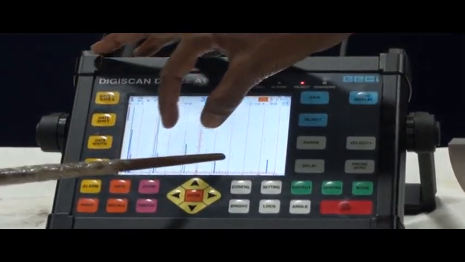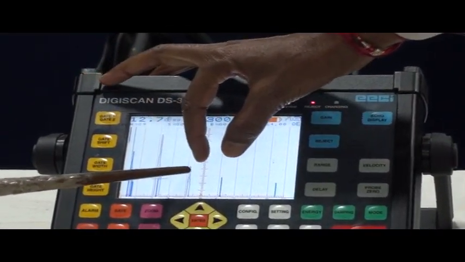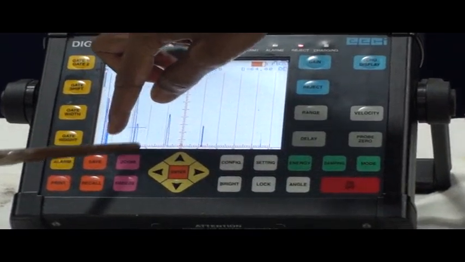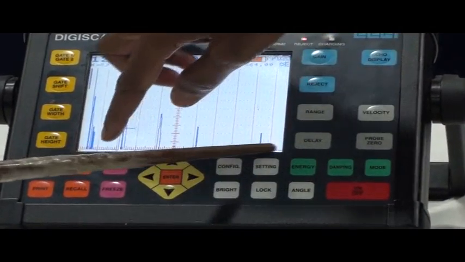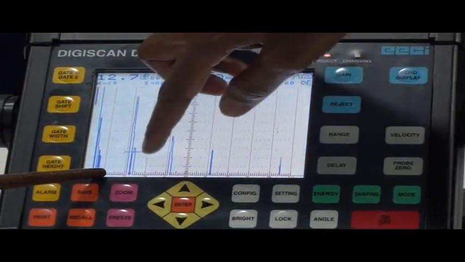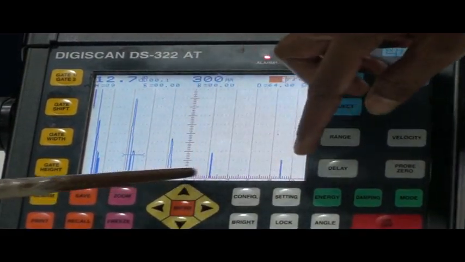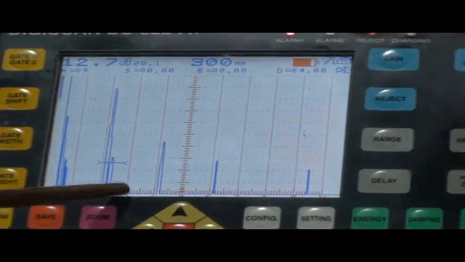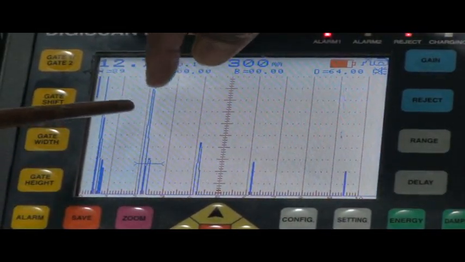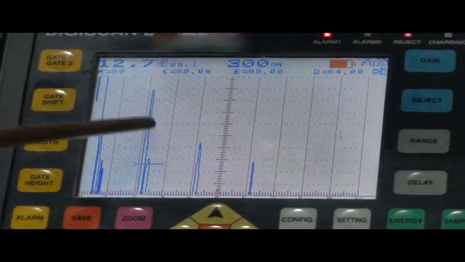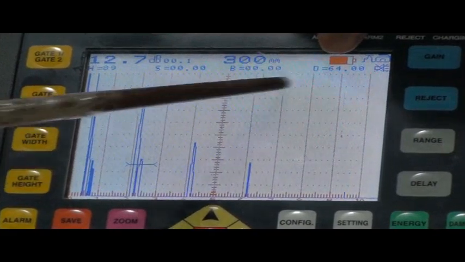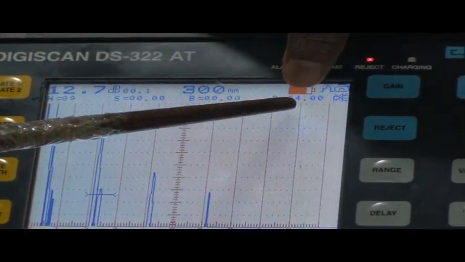So from this echo to this echo, distance should always be 60, and this can be read on the x-axis, and this is related to the calibration, and calibration is related to the location of the defect. So we have to read the echo at what position.